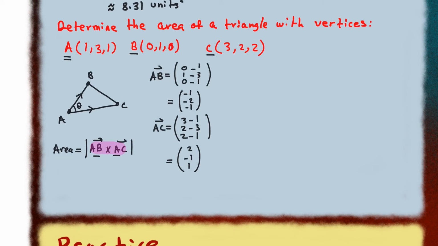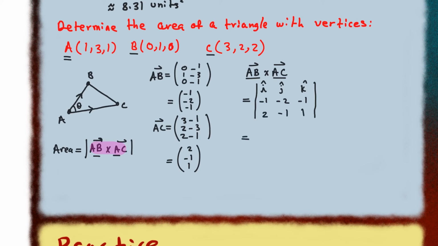After that, we need to find the cross product. So for the cross product, we will write the i, j, and k components, and we'll write the xyz components of AB as -1, -2, -1, and AC as 2, -1, and 1.